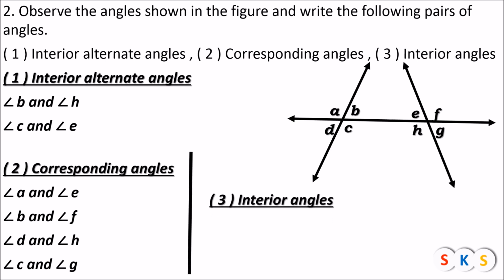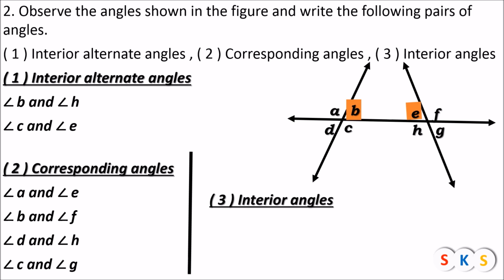Now we will see the interior angles. There is one word, interior, which means the angles are formed inside the parallel lines, and interior angles are on the same side of a transversal. So look at this figure. Angle B and angle E is one pair of interior angles.